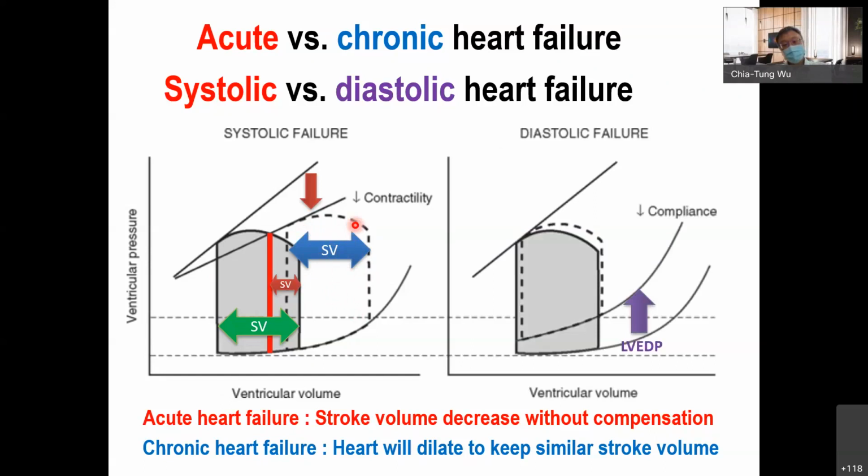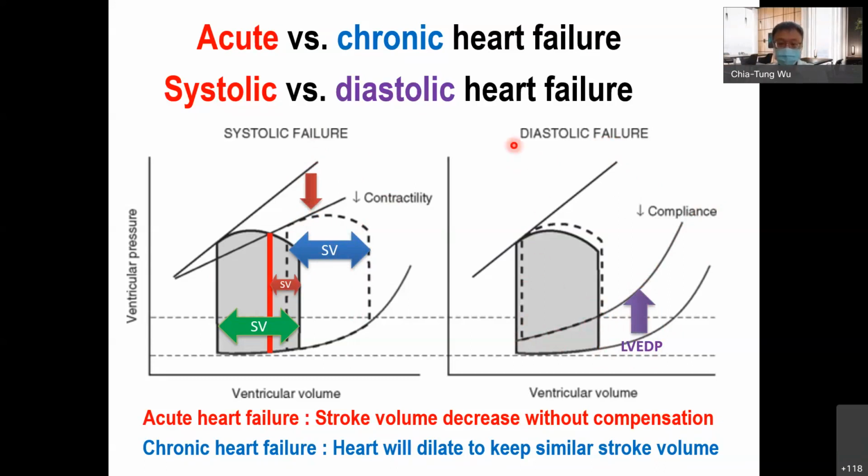And for diastolic heart failure, this was systolic heart failure, where the contractility decreases, so your heart's systolic function is not good. But some people have a relatively stiff heart. That means the compliance of the left ventricle decreases. As the compliance decreases, the pressure in the left ventricle increases.